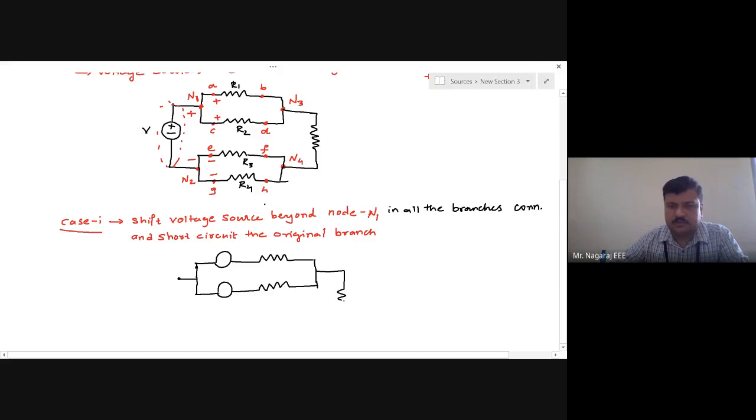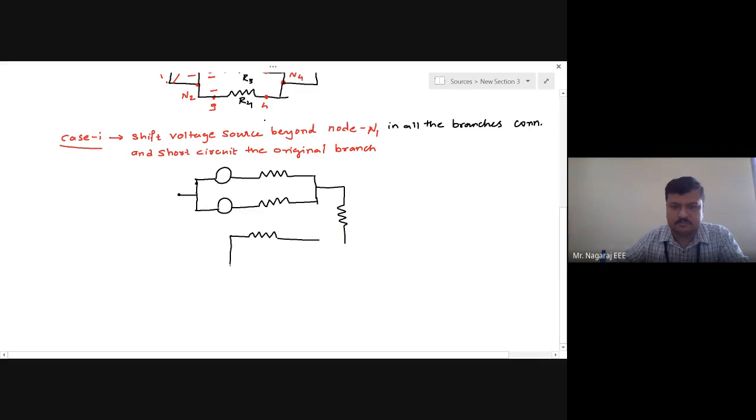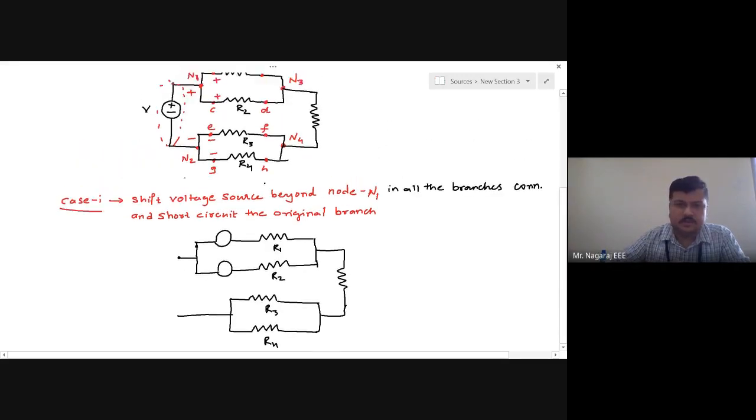I have this resistor here. Okay. So this is R1, R2, R3, and R4. Now the original branch of the voltage source should be replaced by a short circuit.